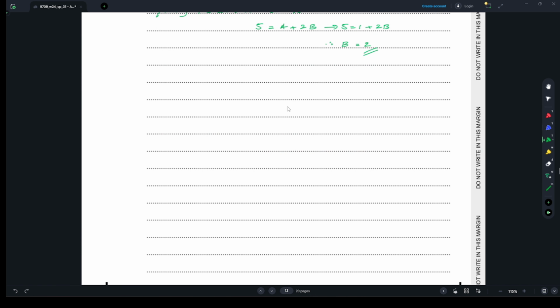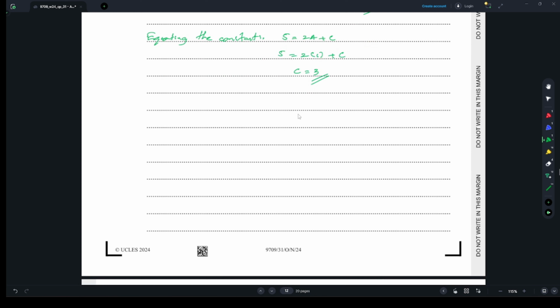So equating the constants, you have 5 equals 2a plus c. So 2a is 2, so 5 equals 2 plus c. Therefore c equals 3. Okay, therefore you can write the partial fraction (5x squared plus 8x plus 5) divided by (1 plus 2x).